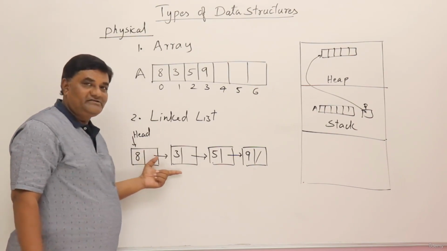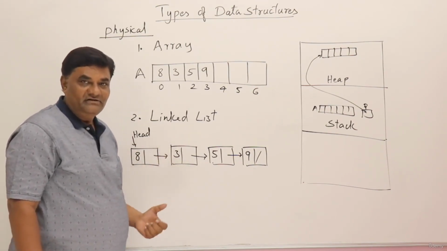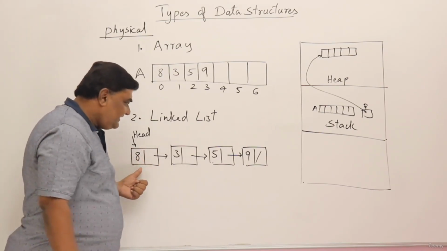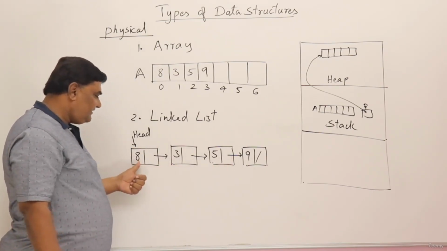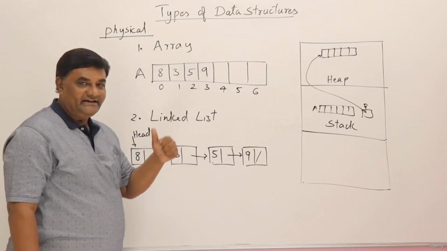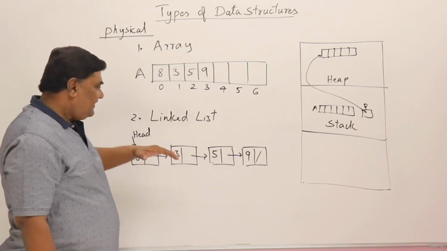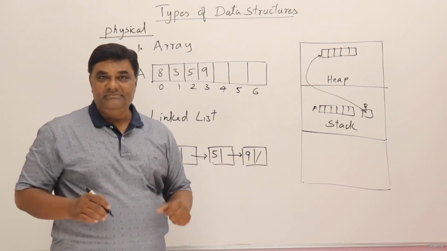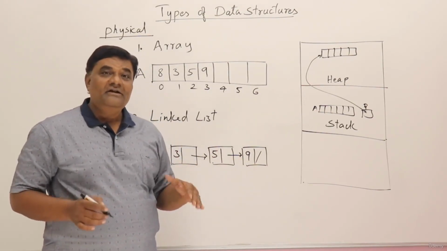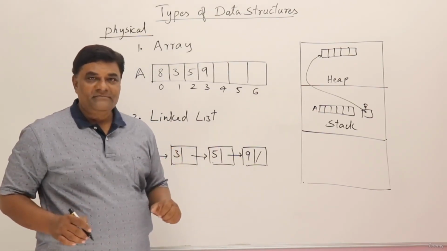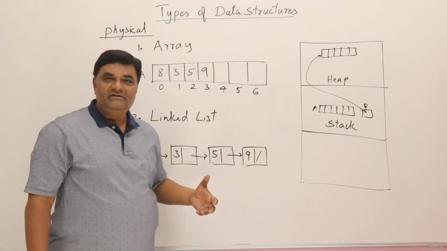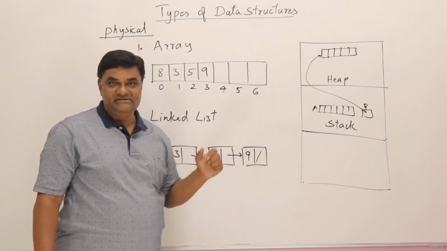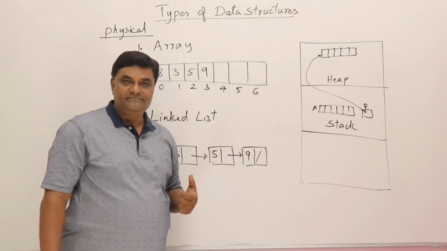Now second data structure, linked list. This is a completely dynamic data structure and it is a collection of nodes where each node contains data and a link to the next node. The length of this list can grow and reduce dynamically. So it is having variable length. As per your requirement, you can go on adding more and more nodes and add more elements, or you can reduce the size.